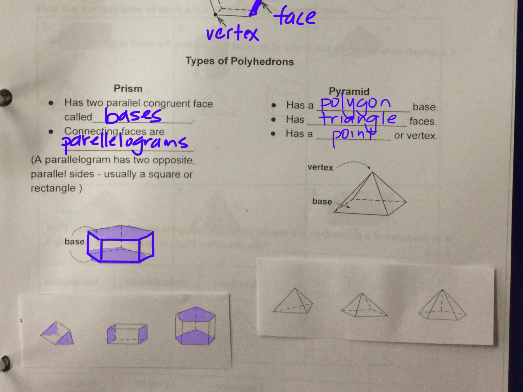So the base in this pyramid is this bottom shape right here. And then its sides, if you look at its sides, they're all triangles. So there's one triangle, and here's the other one, kind of hidden back there.